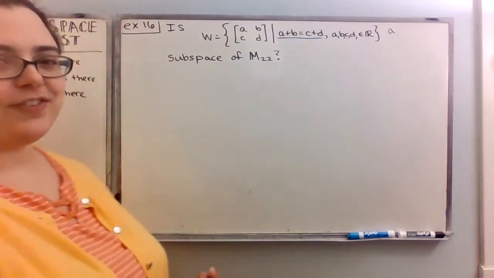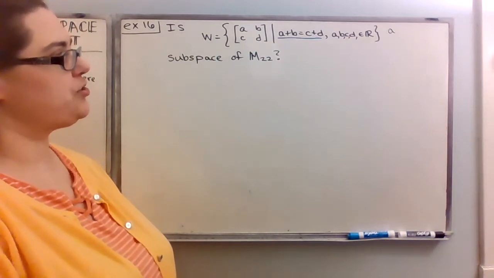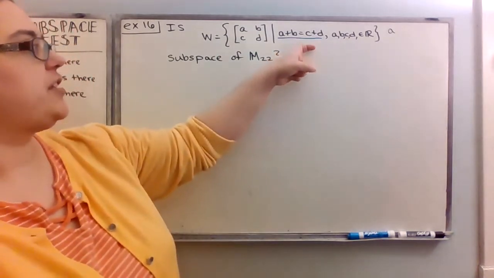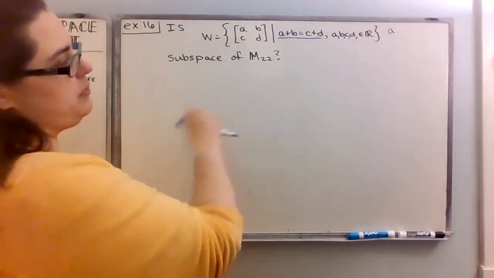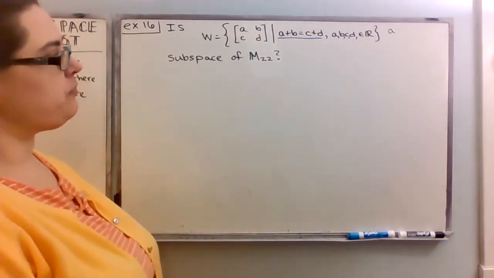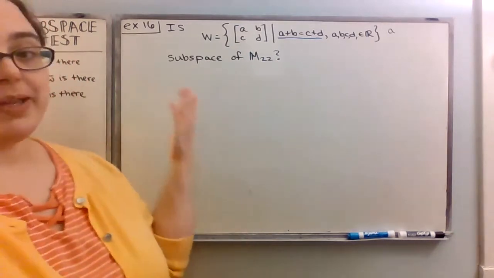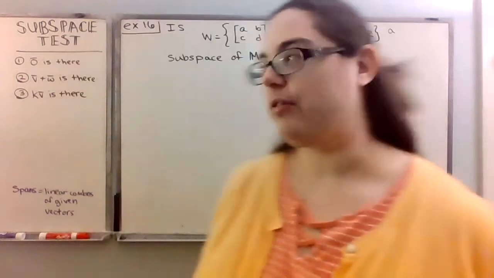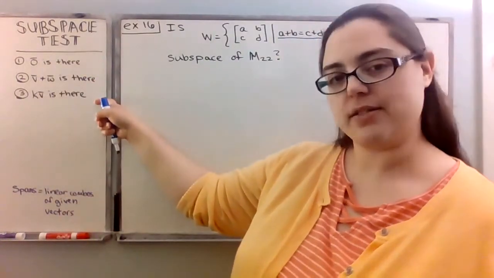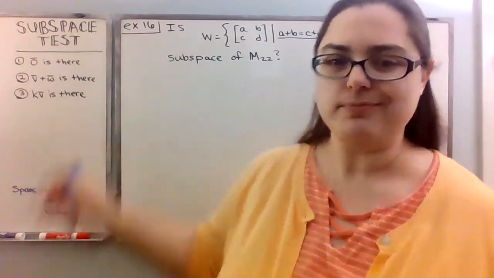So this specific collection of 2x2 matrices has to satisfy the condition that the two row sums are the same, right? So A plus B has to be the same as C plus D. And we want to know, is this a subspace? Does it meet our subspace criteria? So let's work through each of these three tests to make sure it meets them or not.